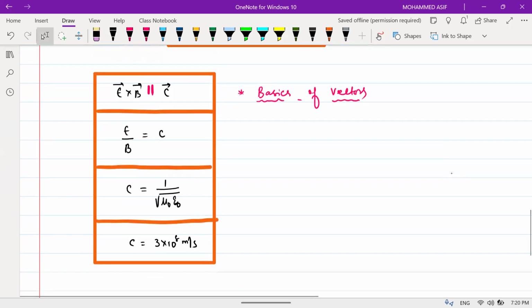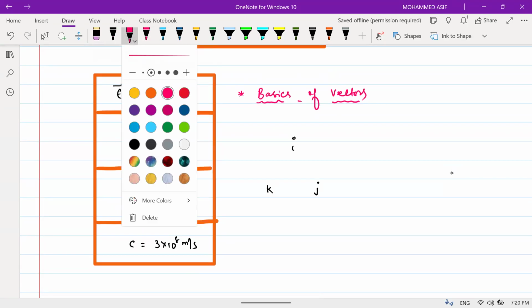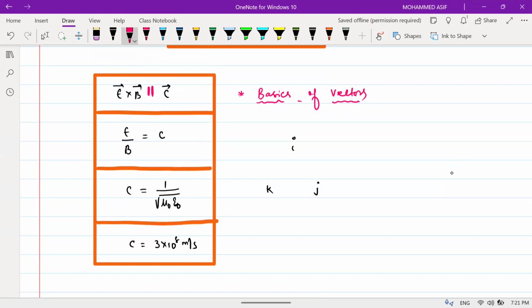Like say for example, if I'm having here I, this one is your J, and this one is right now K. If I'm moving in this direction, from I to J, J to K, and K to I, which direction is it? Clockwise. In the clockwise direction, you always take it as positive.